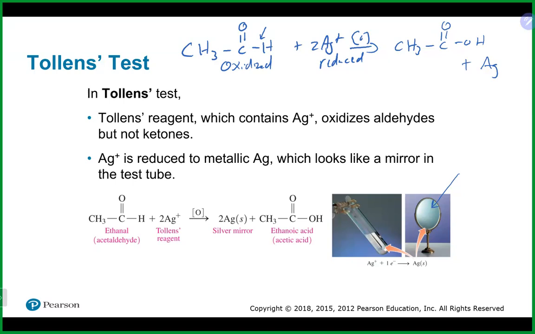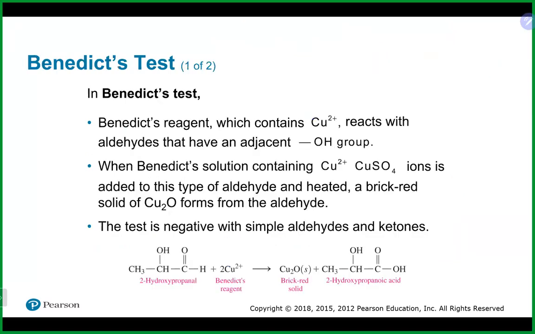The test you're going to do, I think this week in lab, is actually the Benedict's test. The Benedict's test is also an oxidation reduction reaction that's going to occur with an aldehyde. It's actually a special type of aldehyde that will be oxidized in this case, but it basically works the same way.